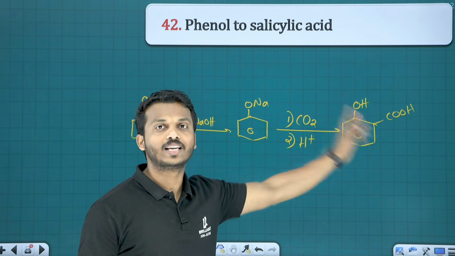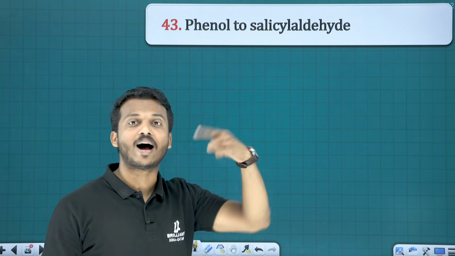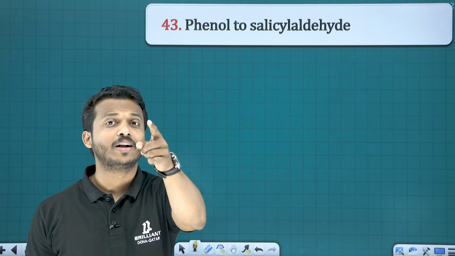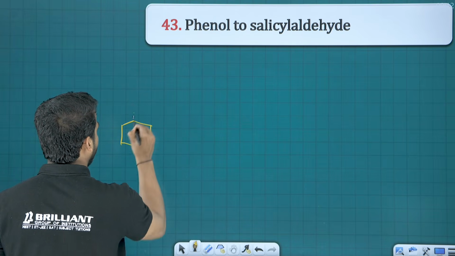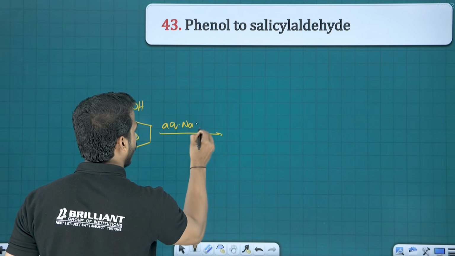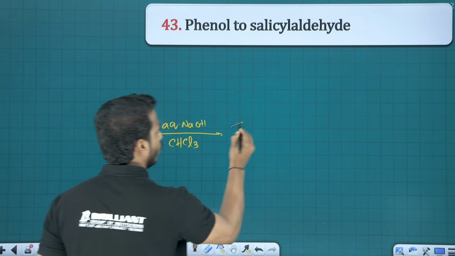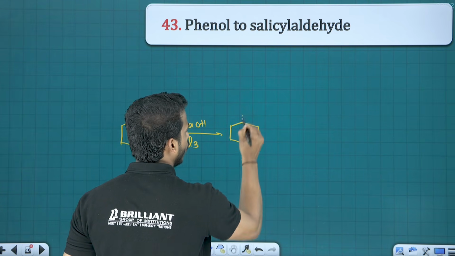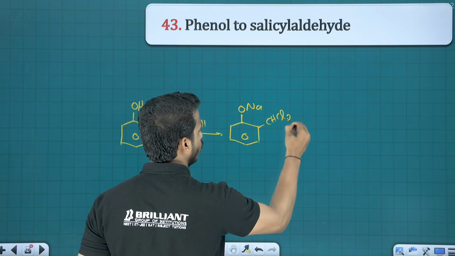And you have one more reaction, convert phenol to salicylaldehyde. That is our Reimer-Tiemann reaction. What is Reimer-Tiemann reaction? Phenol is first treated with the same aqueous NaOH, but along with chloroform, CHCl3. This becomes sodium phenoxide and it becomes CHCl2, right?